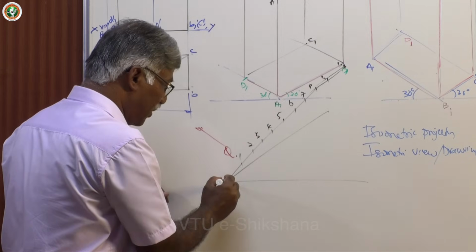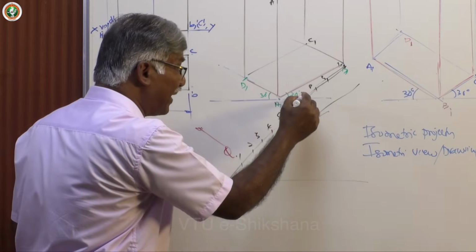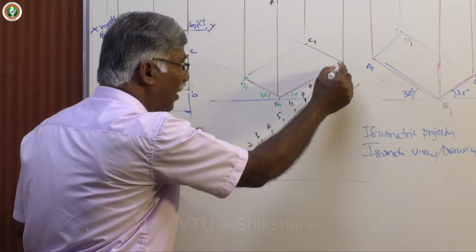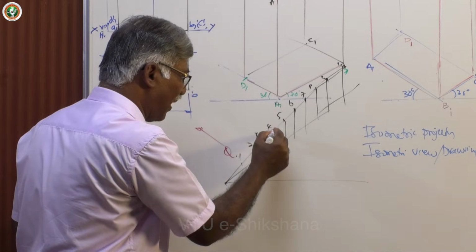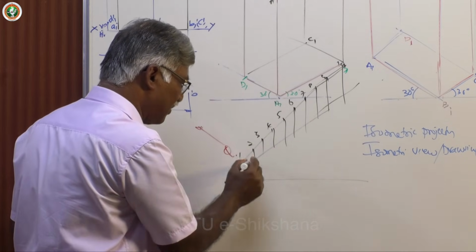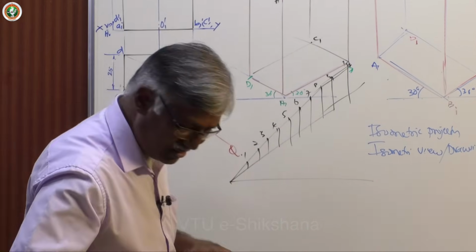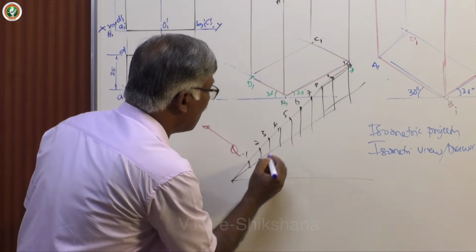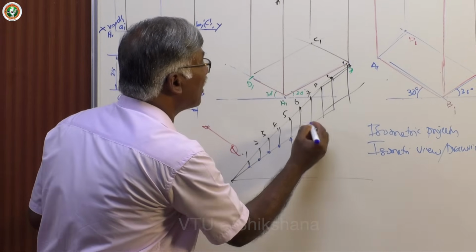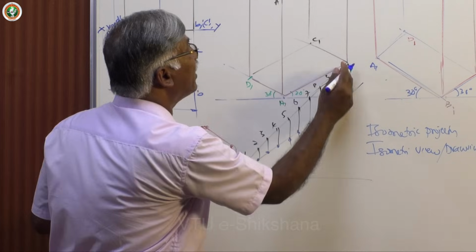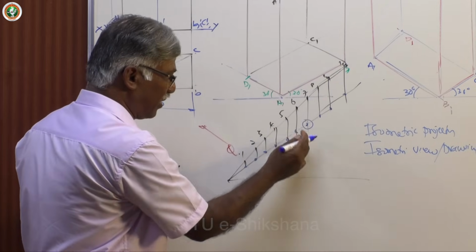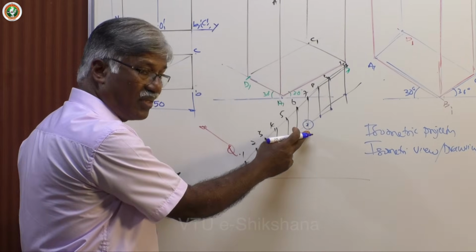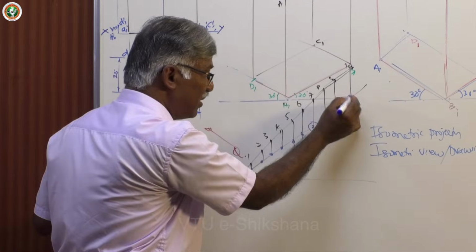Now, with respect to the 30-degree line, draw verticals, not perpendicular or anything, particularly vertical lines. If it is horizontal, then it is vertical. Then these distances are giving you isometric values of corresponding distances. Say isometric 7 centimeter, isometric 10 centimeter, like that.